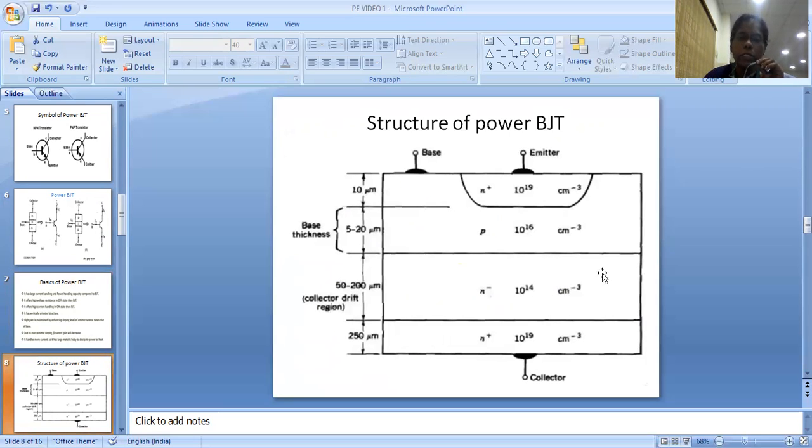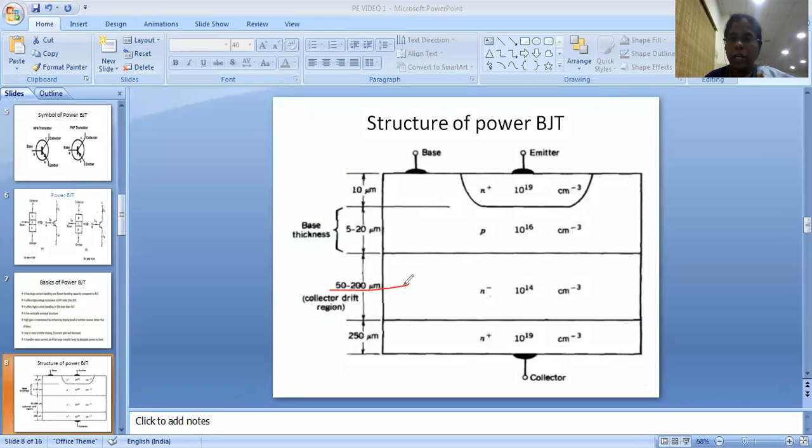Now when we see the structure, you can see that one more layer is added here: this drift layer. This drift layer is not there in the normal BJT or the signal level BJT.